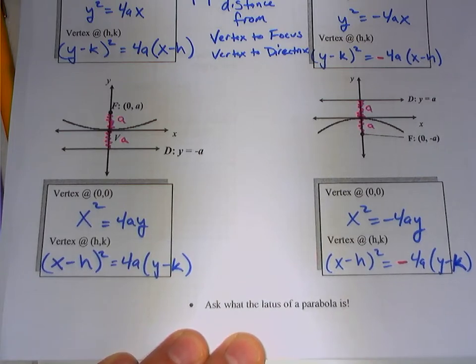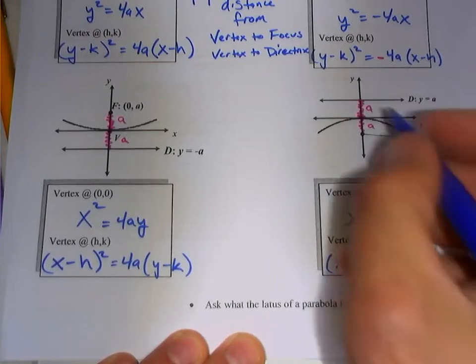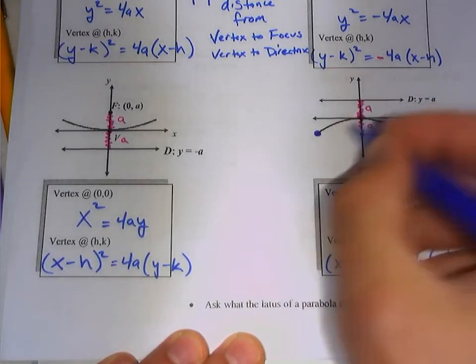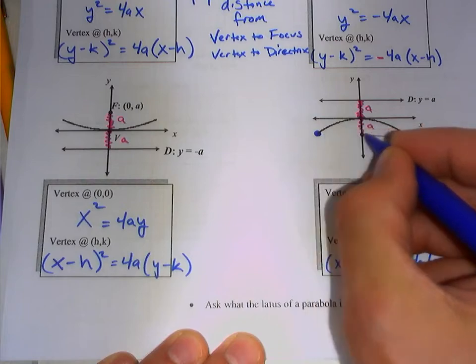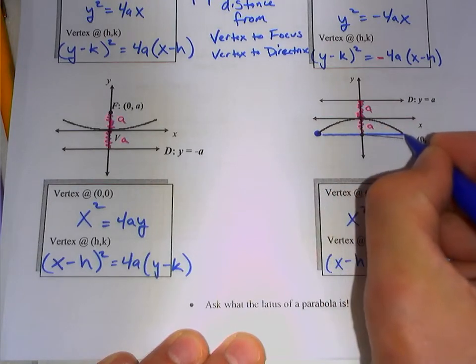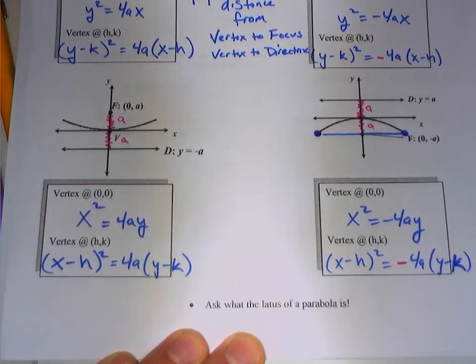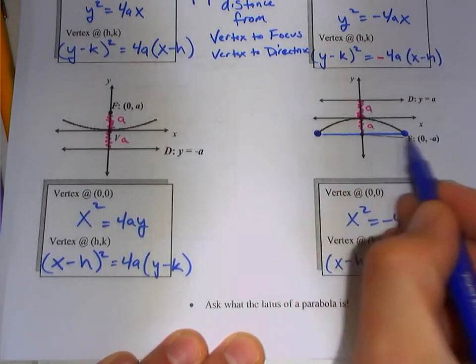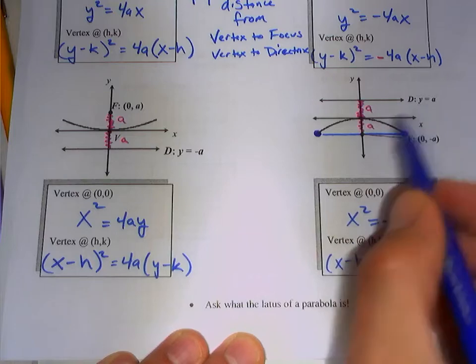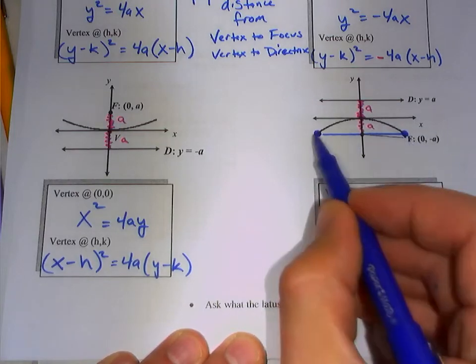So I'm going to call it the lattice, and I'm not going to say rectum anymore, okay? The lattice rectum goes through the focus. It intersects your parabola in 2 spots. And the lattice is parallel with the directrix. And that's one way to come up with 2 points on your graph.